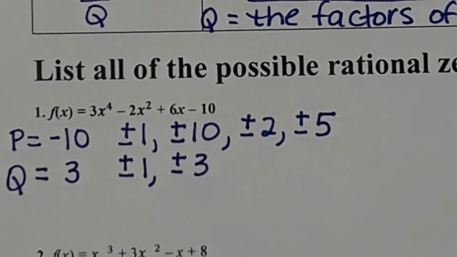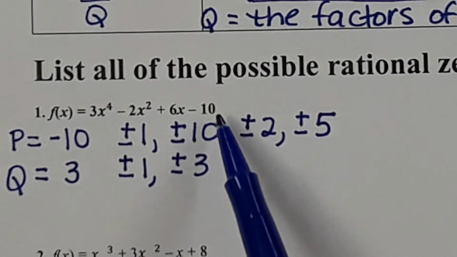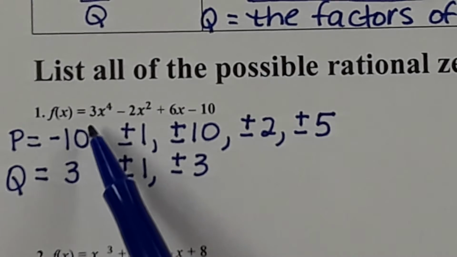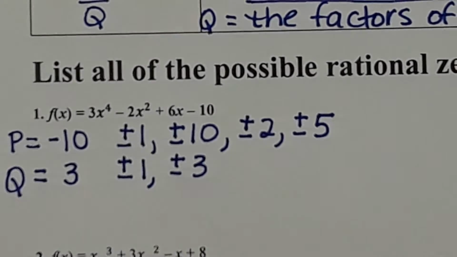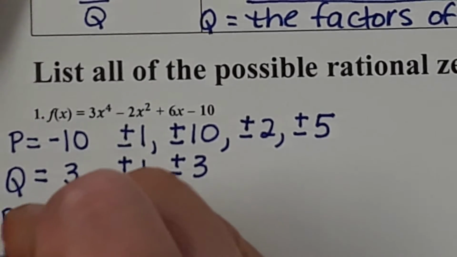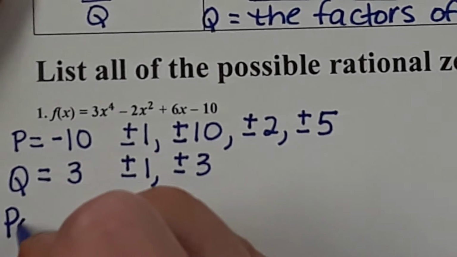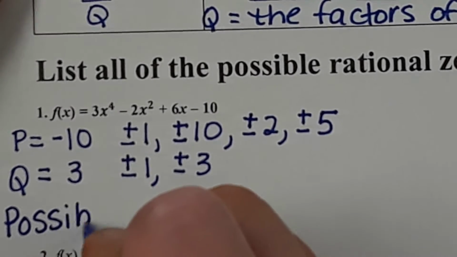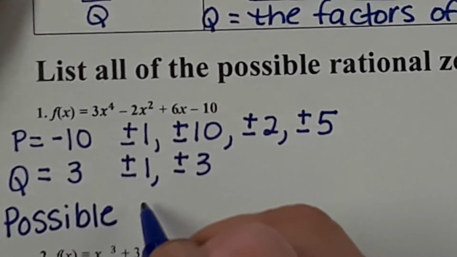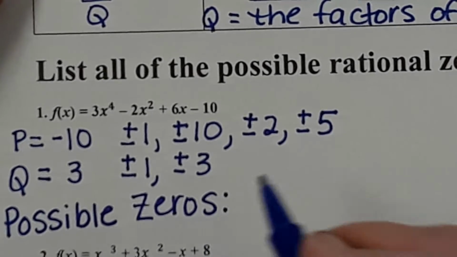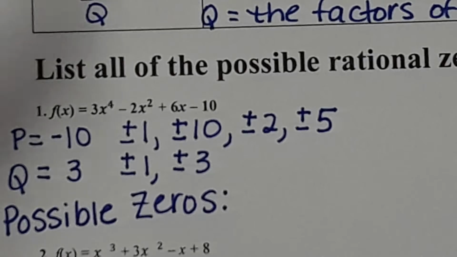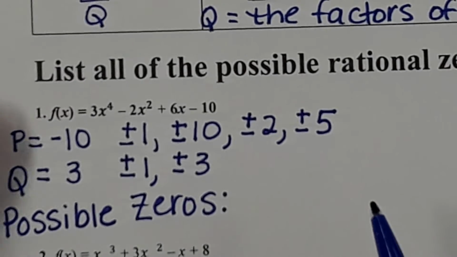So those are our factors of P, which is the constant term, and Q, the leading coefficient, which is in front of the 3x to the 4, so 3. Now we're going to write our possible roots, or possible zeros, and to do that, we are going to put P over Q.